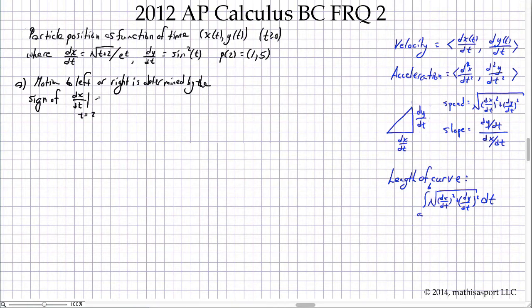Now we don't even need to use the calculator for this part, even though this is a calculator question, because it's really just saying 2 plus 2 over e to the 2, which is clearly greater than 0, therefore rightward motion.